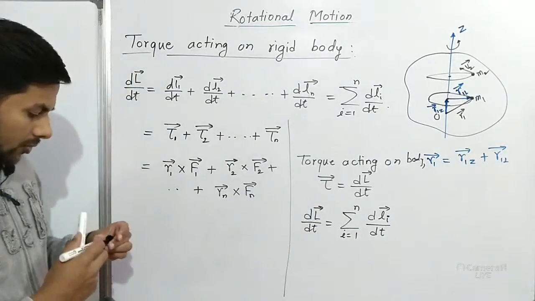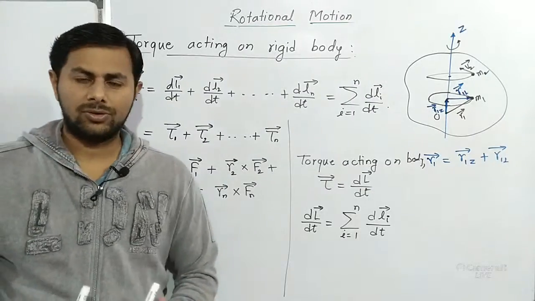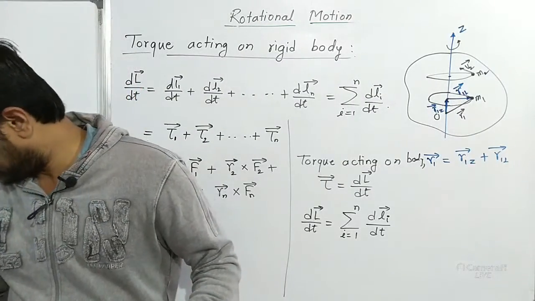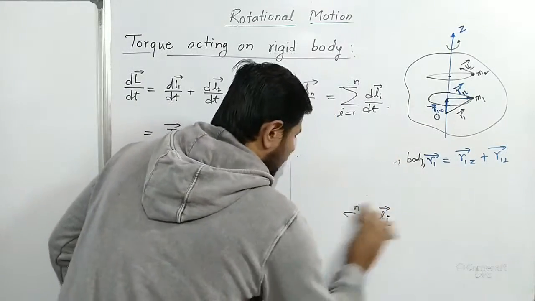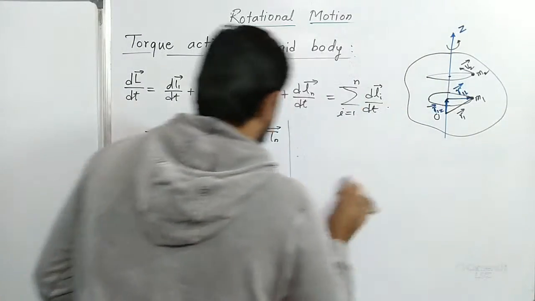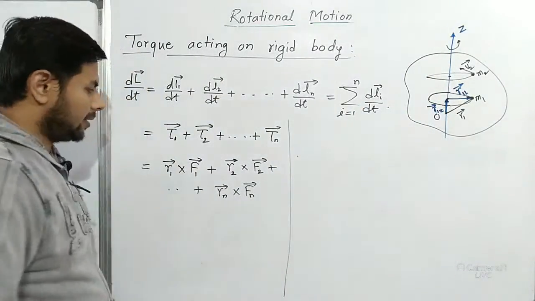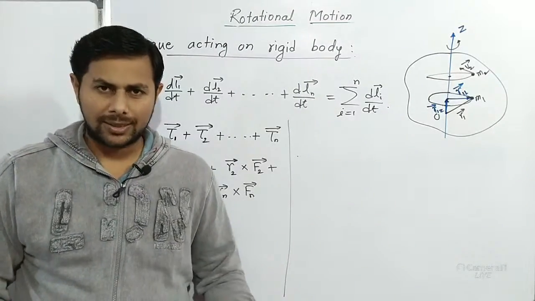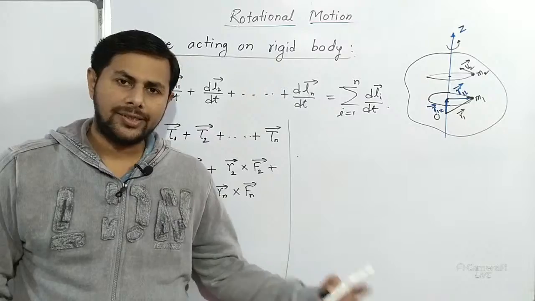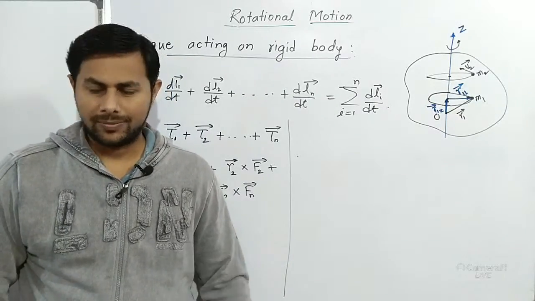Now here comes the crucial point. The force on each particle can be written as the sum of the internal forces acting on the particle plus the external forces acting on the particle.